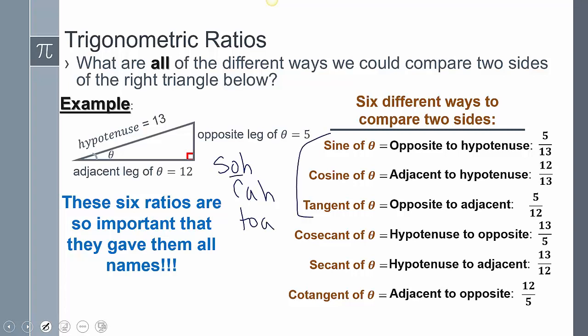Sine is opposite to the hypotenuse, cosine is adjacent to the hypotenuse, tangent is opposite to the adjacent. Cosecant is the reciprocal of sine, secant is the reciprocal of cosine, and cotangent is the reciprocal of tangent. Reciprocal means they're flipped. So notice, those ratios are flipped.